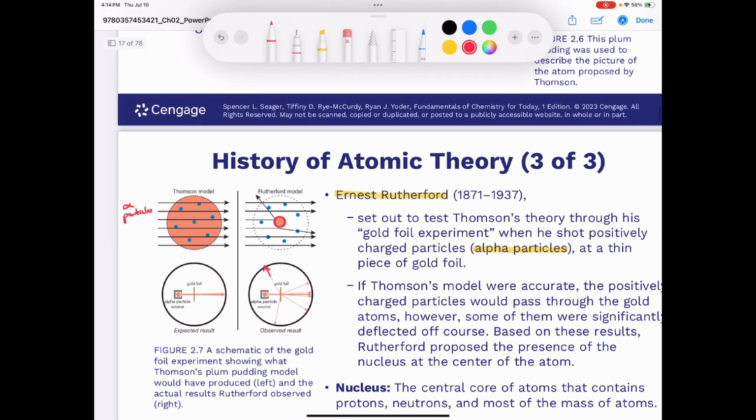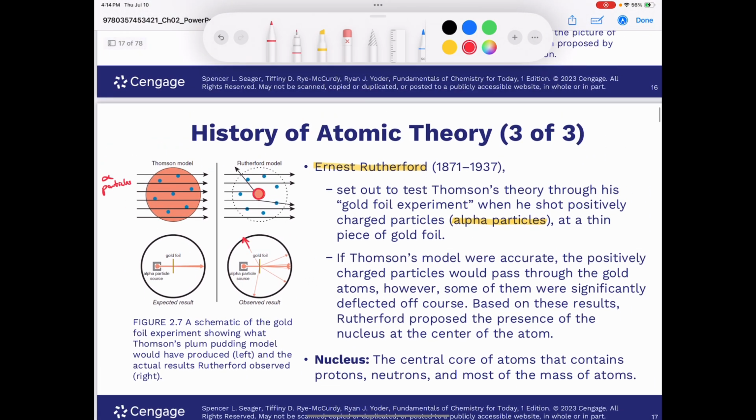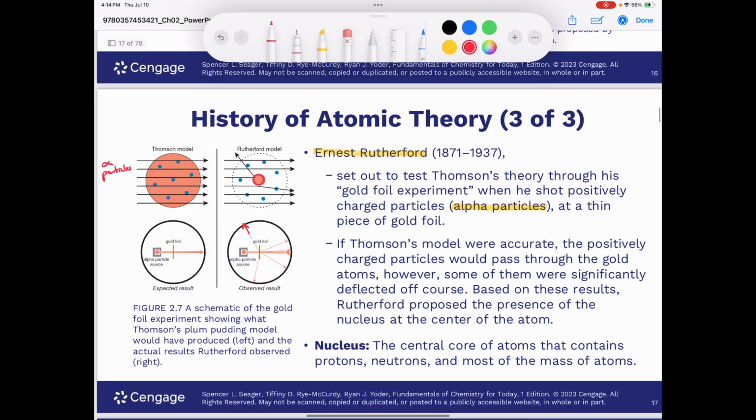When he first published this, he wrote that the alpha particle coming back towards them was the same thing as taking a 10-inch shell from a cannon, firing it at a piece of tissue paper, and then it bouncing back and coming back at you. Totally crazy, it blew the lid off the whole thing, and he discovered the nucleus this way through the gold foil experiment.